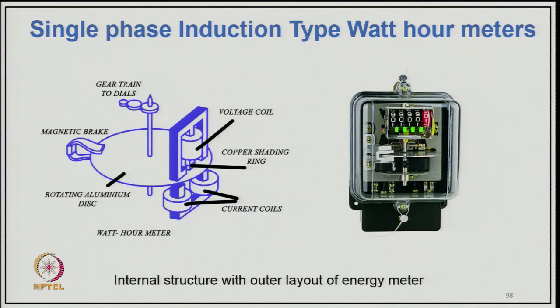You have a magnetic brake, and a typical current coil with a copper shading coil. This is the interlocked structure with the outer layout of the energy meter, as you can see here. You have the disc shown here, and the readings with the dial that show how many rounds it makes.